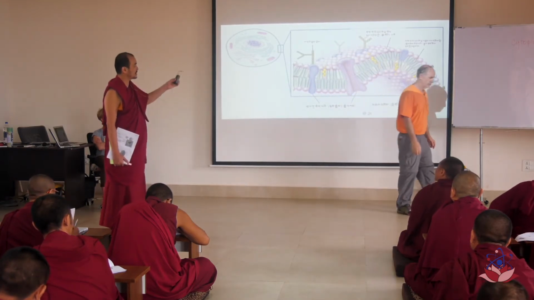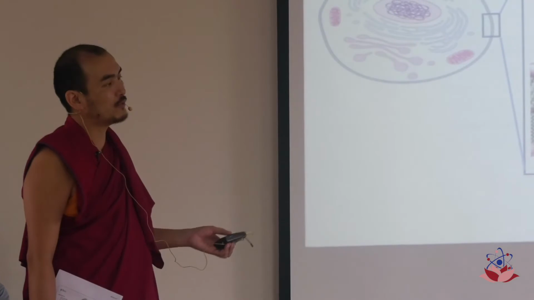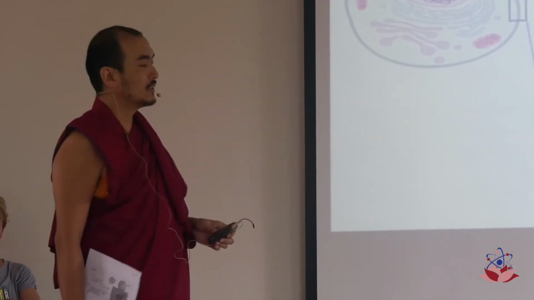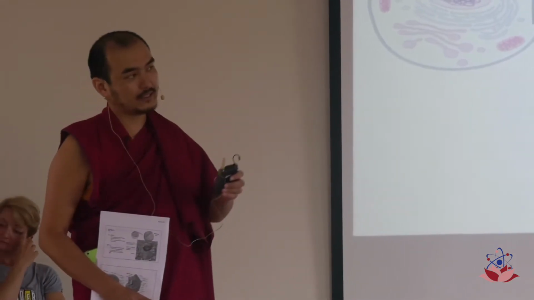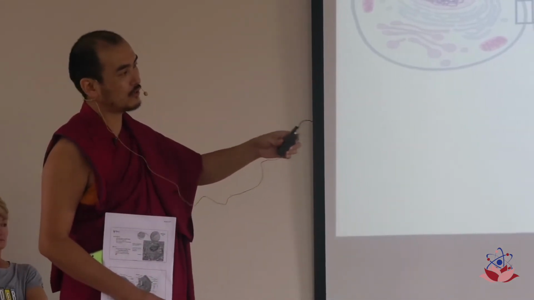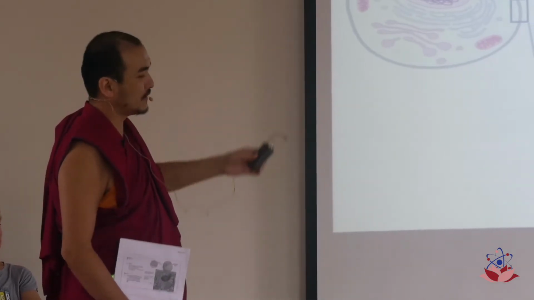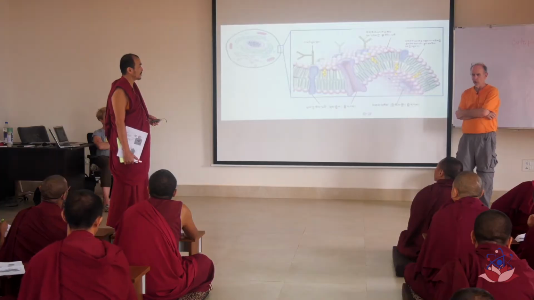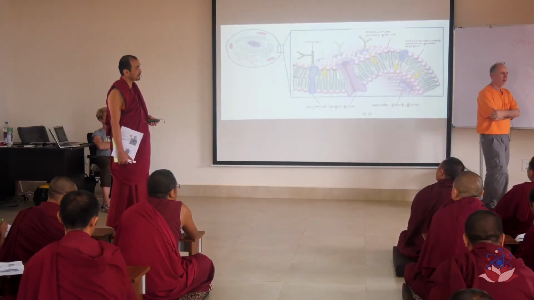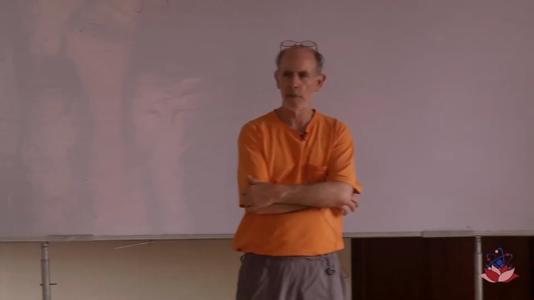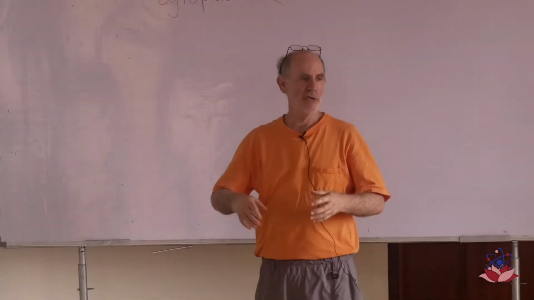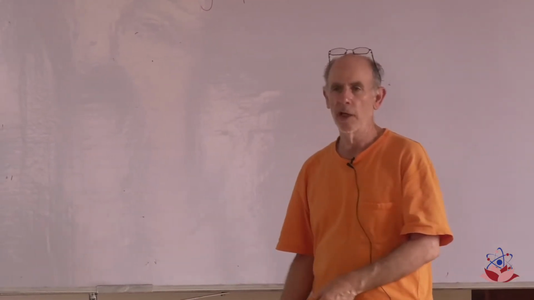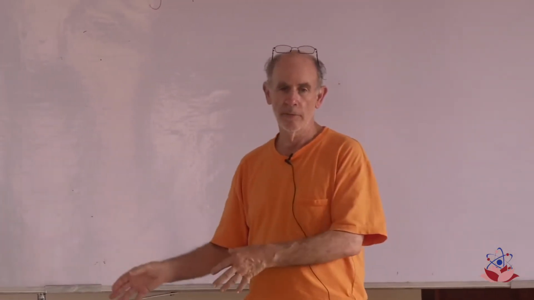There is a part of your brain that releases such a chemical that basically starts the whole pathway that tells your body that you're going to be a man instead of a woman.